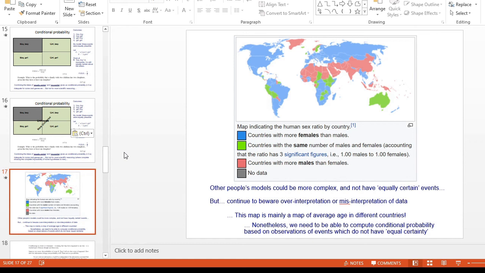Because contrary to the reasonable assumption I made in the previous slides, that you've got an equally likely 50-50 chance of a couple having a boy or a girl, actually, across the world, there's about 1.05 or so boys born per girl. And this is offset by the fact that males have a higher mortality rate at every age than females.